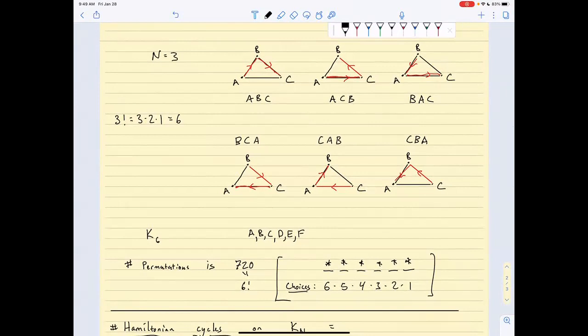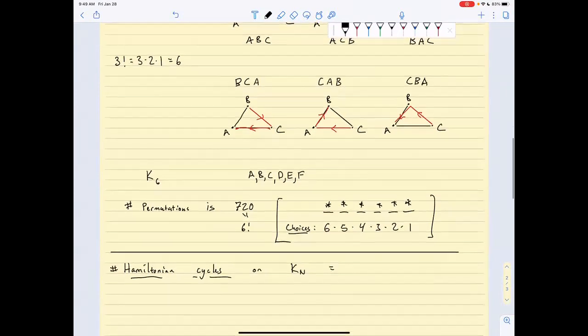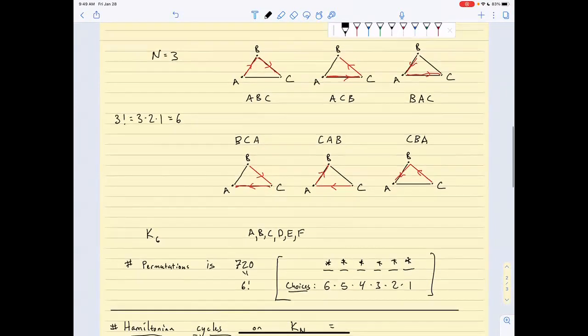K6, how many cycles? On Kn. Okay, so let's say n equaling 3. Let's try 3. So let's say K3. We'll start with that.